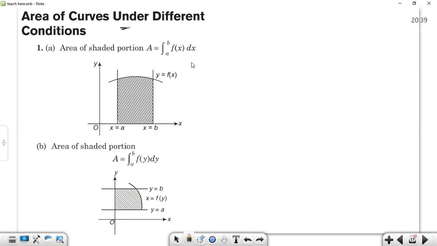Here in this case, from a to b. And what we are doing is simply finding the area under the curve. So if we are integrating with respect to x, we are looking at the area under the curve with respect to the x-axis.